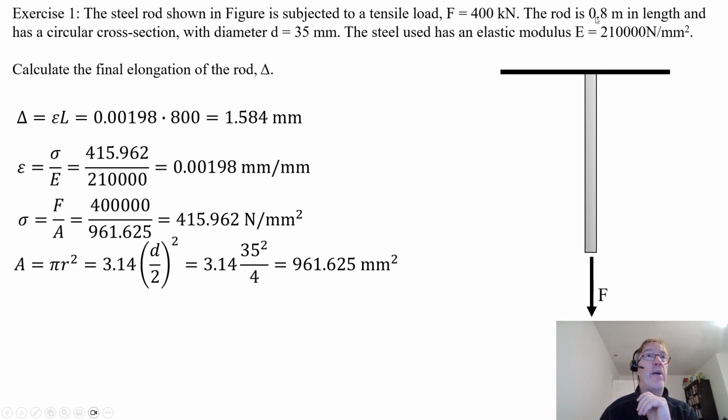We see here the 800 or 0.8 meters has been converted into millimeters. Newtons per millimeter square, those units are fine, we're using those as they are. The diameter, 35 millimeters, we convert that to a radius.